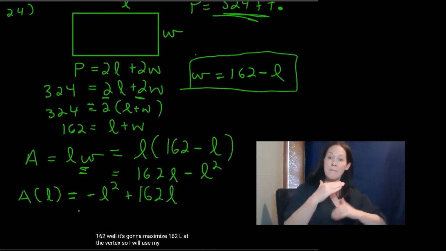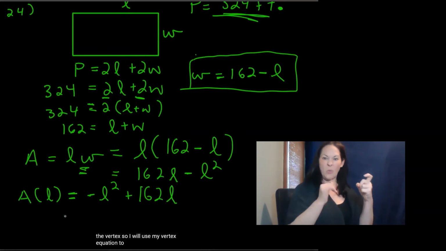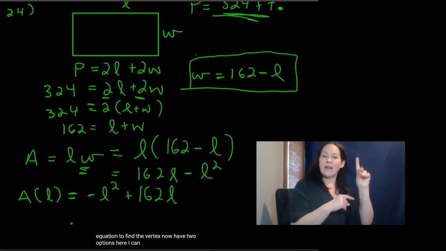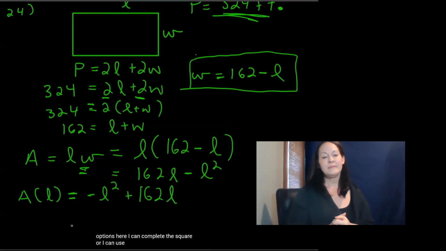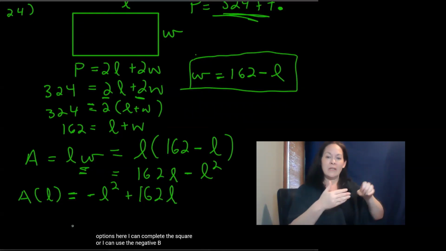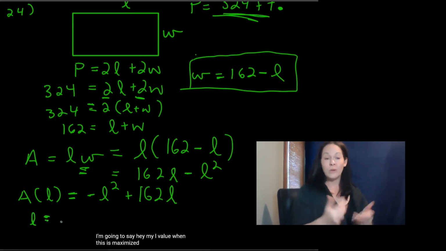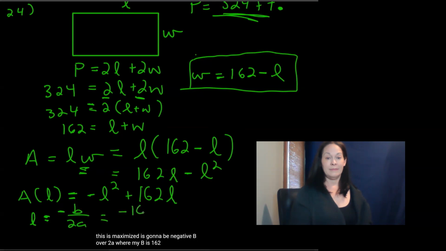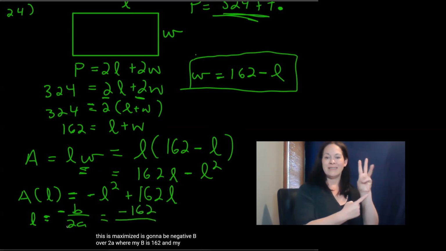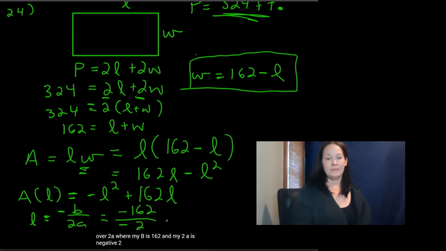So I will use my vertex equation to find the vertex. Now I have two options here. I can complete the square, or I can use the negative b over 2a. And I'm going to say, hey, my L value, when this is maximized, is going to be negative b over 2a, where my b is 162, and my 2a is negative 2, right?